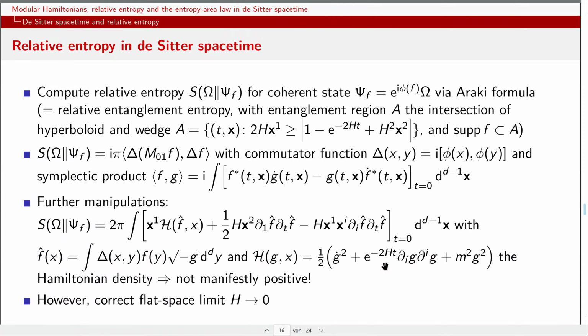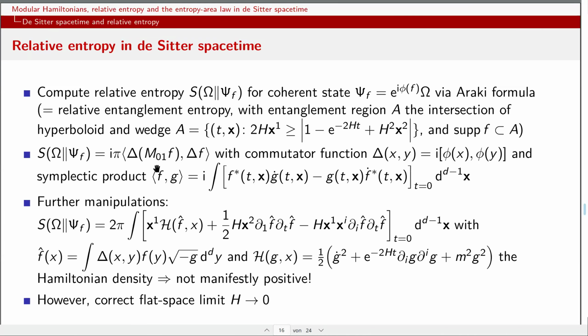How restricted is this to free fields? Not at all. The commutator function will change when you move to an interacting theory. There will be some wave function normalization.